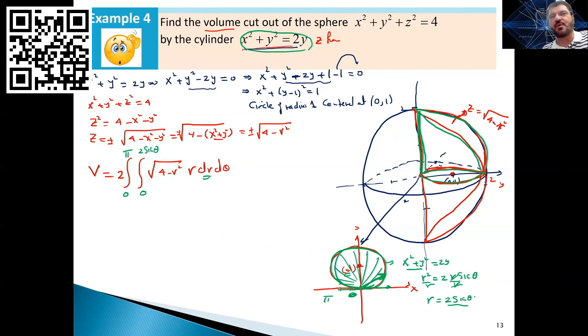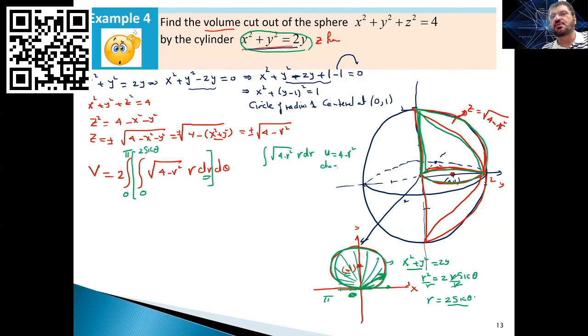Now we need to integrate that one. How do you integrate this one? So we usually do the inside first. So let me look at the integration, guys, of square root of 4 minus r squared times r dr. Alrighty, so let u equal 4 minus r squared.